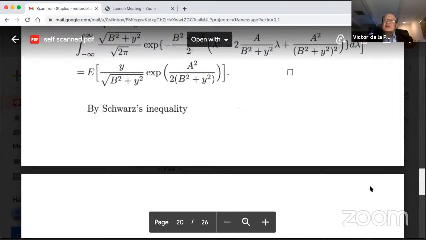Now, I guess since nobody's asking questions, I just want to remark that this type of inequality is very popular in machine learning these days. The self-normalized LIL, law of the iterated logarithm, has been used to prove best possible algorithms in machine learning, as I will discuss later on.